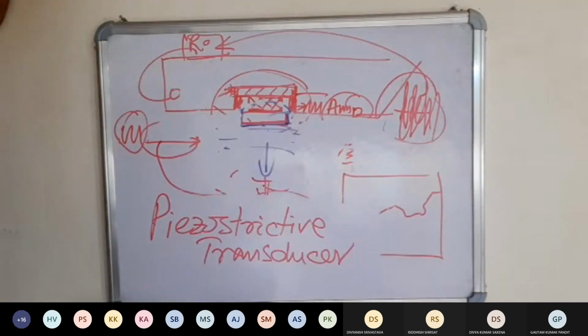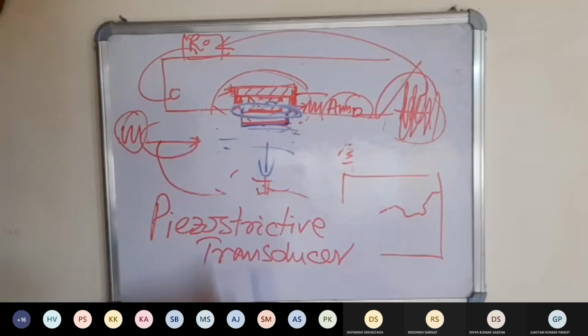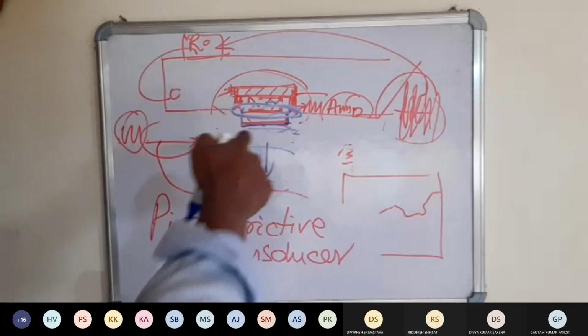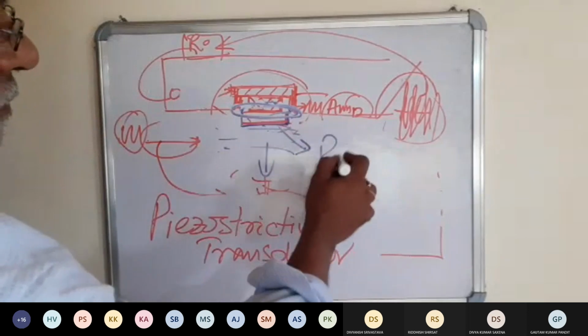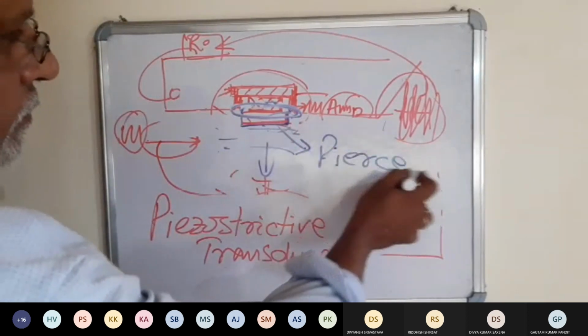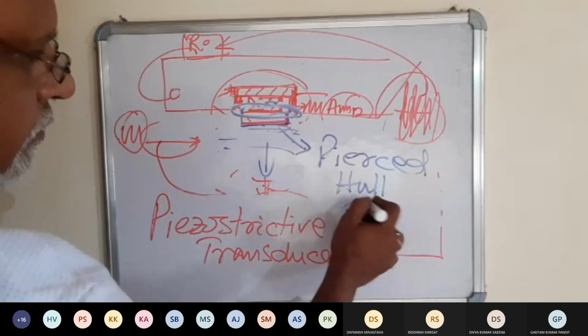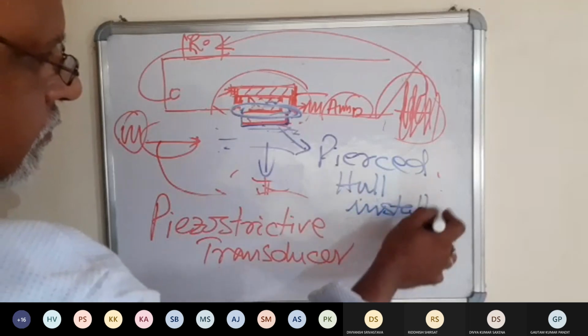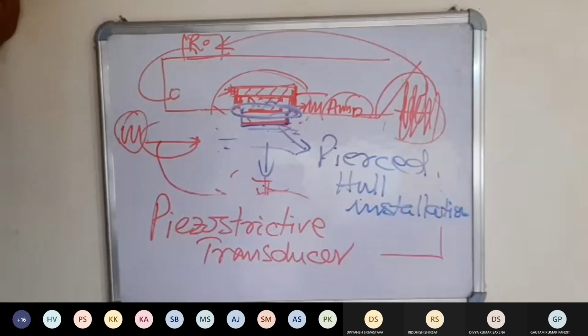The biggest drawback is the hull is breached. हल को काटते हैं, it is pierced hull installation, which is the main disadvantage.